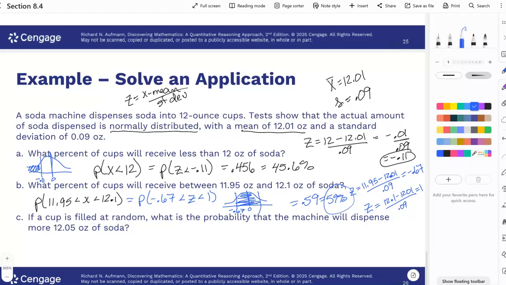And then let's look at that last one. We want to find the probability that the machine is going to dispense more than, so greater than 12.05. We're going to find the z-score. So 12.05 minus the mean divided by the standard deviation.